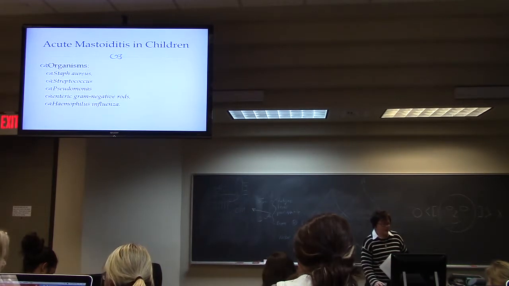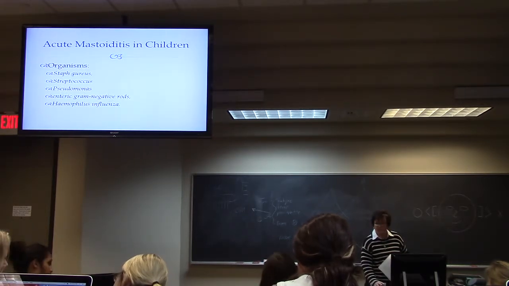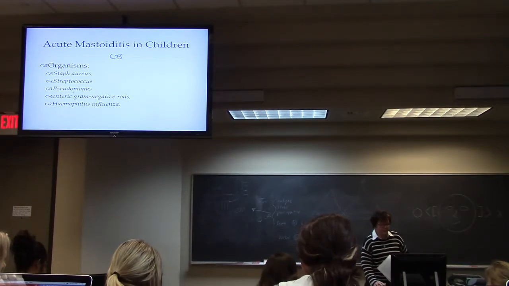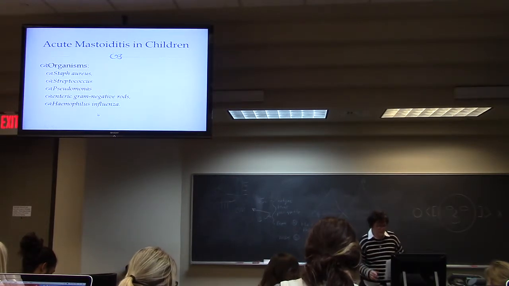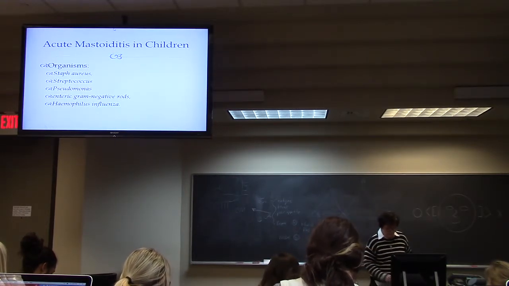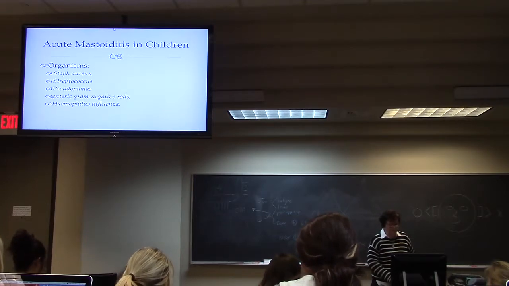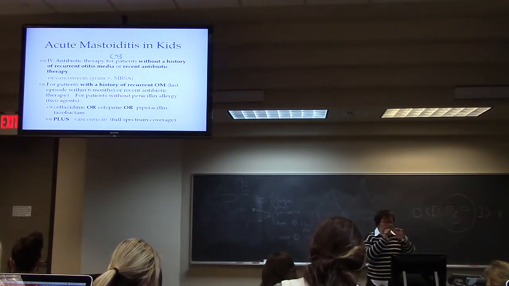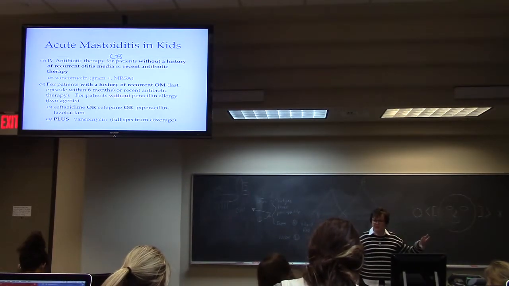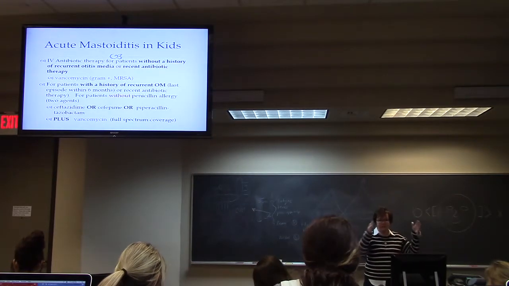And here it's just a whole bag of organisms. So your gram-positives, your staph and your strep, your gram-negative Pseudomonas, your enteric gram-negative rods, and Haemophilus influenzae. So a gram-positive, gram-negative mix. With the layout of treatment, it just keeps building.